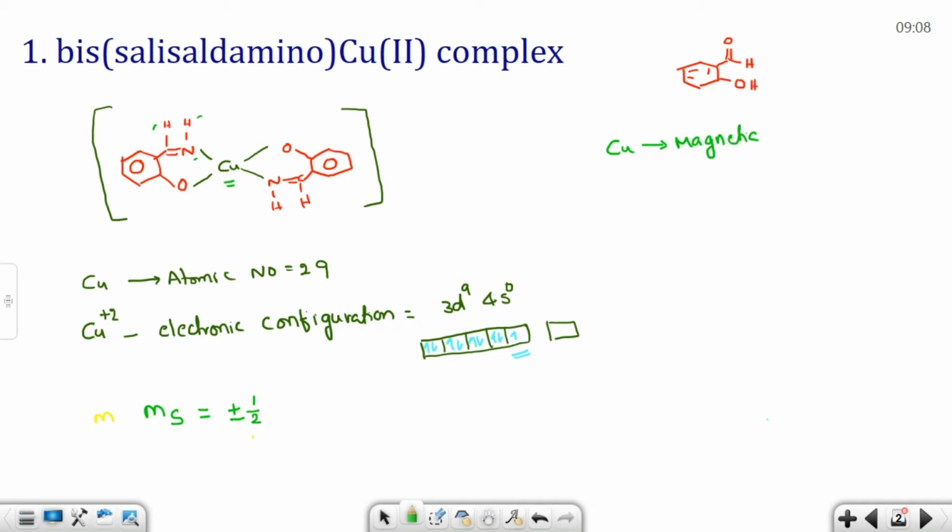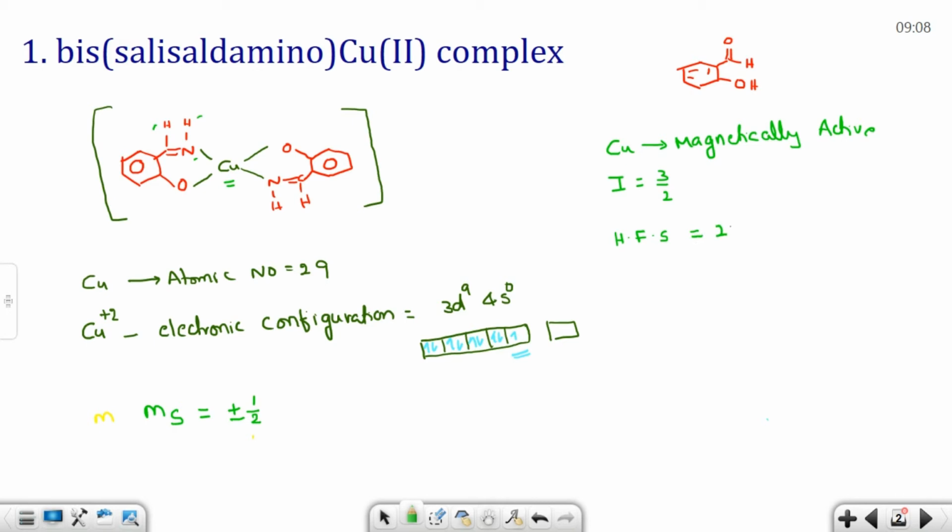Copper is also a magnetically active nucleus. The nuclear spin quantum number I of copper is 3 by 2.